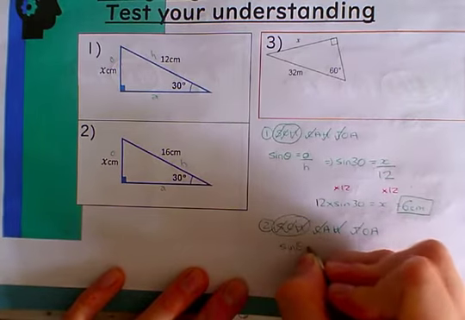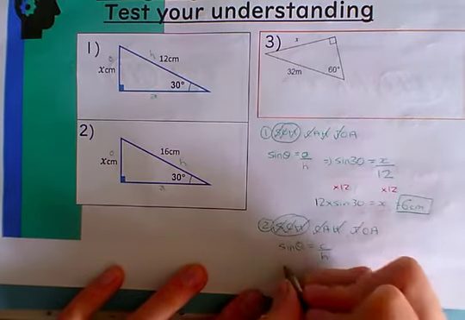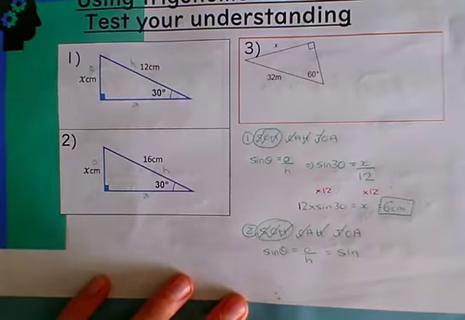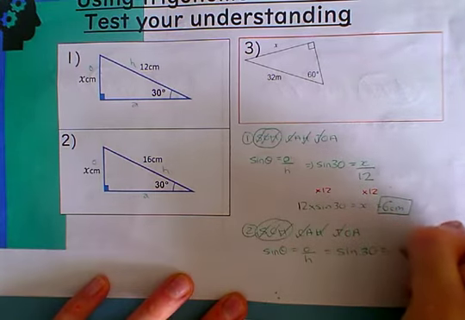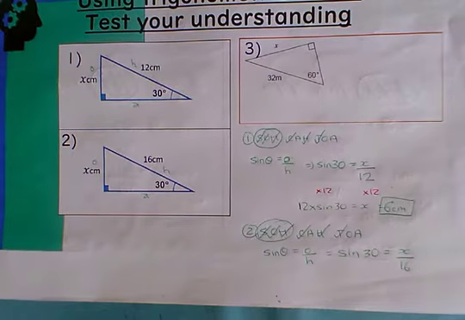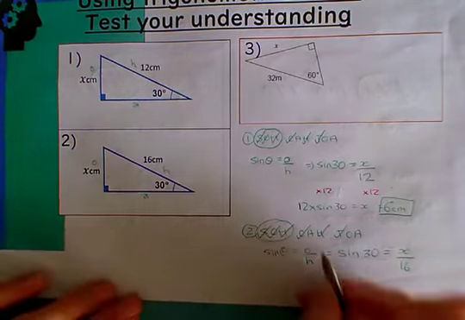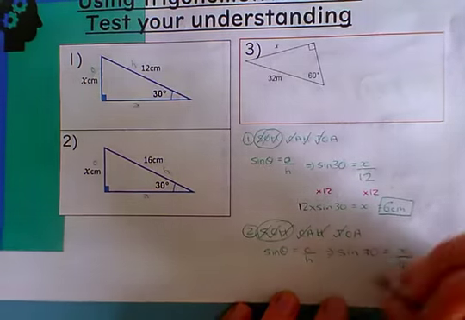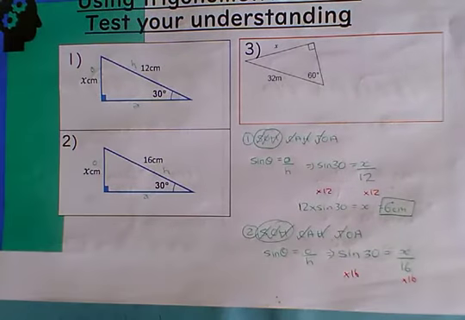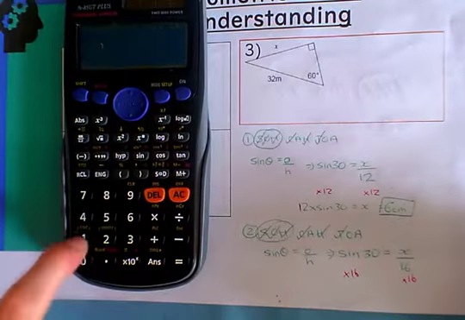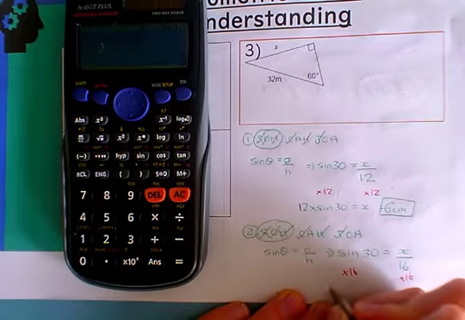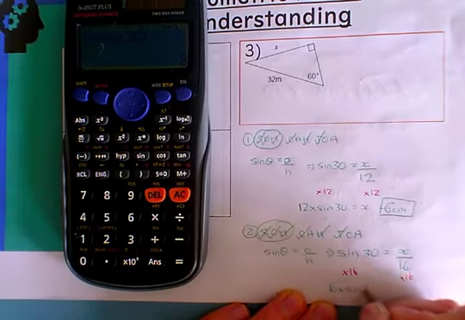So sine of theta is equal to the opposite divided by the hypotenuse, which means that sine of 30 is equal to x divided by 16. Now here we've got 16 in the denominator, so to eliminate that, times both sides by 16. And here, if you do 16 times sine of 30, you would get an answer of 8 centimetres.